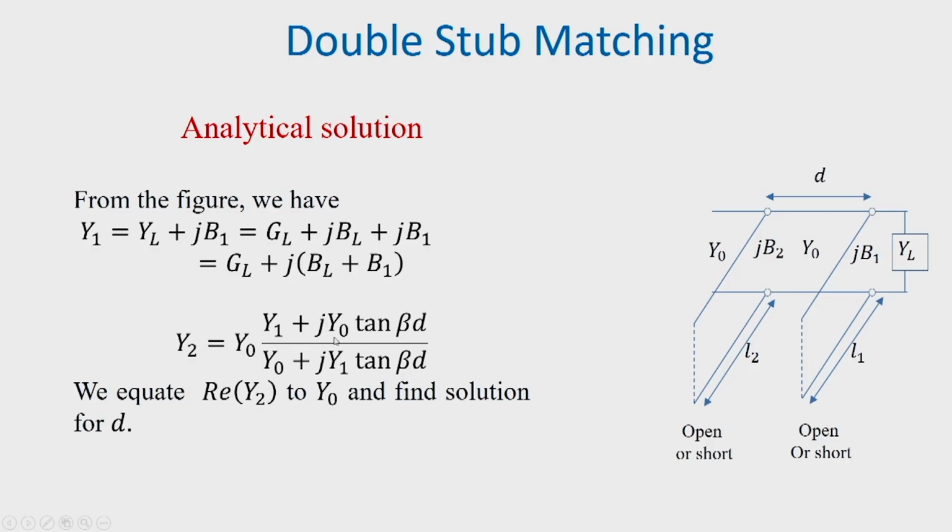Then once we transform this Y1 to the location of the second stub, we get Y2 equal to Y naught times (Y1 plus j Y naught tan beta D) divided by (Y naught plus j Y1 tan beta D). For matching we need the real part of Y2 to be equal to Y naught, and once we do that we also get a solution for this distance D.